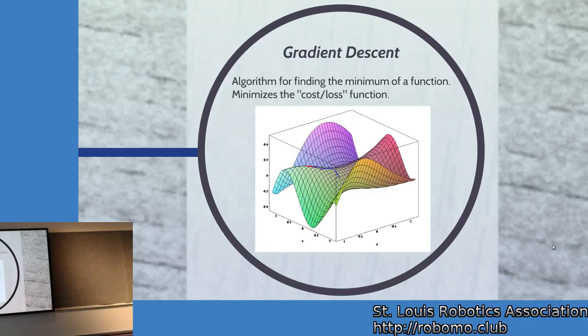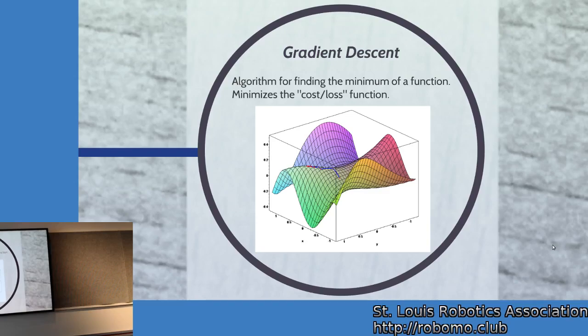Is there a problem, because you're trying to adjust weights of all these different inputs? Is there a chance that you're going to go off and find, for example, a local minimum that isn't the one you wanted, and now you're down here?